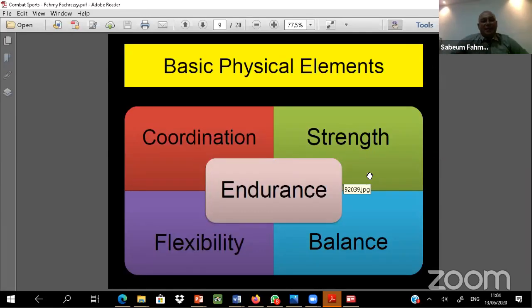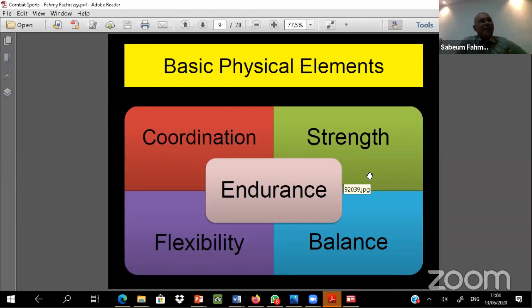I told you 5 basic physical elements. Don't be bored with training coordination, please. You, experienced athletes, must train coordination because coordination always makes your body ready for training.